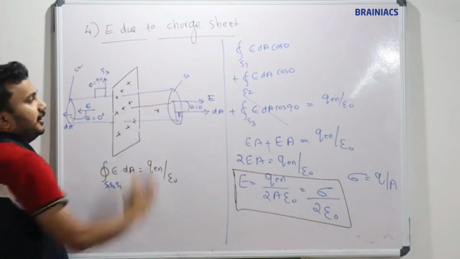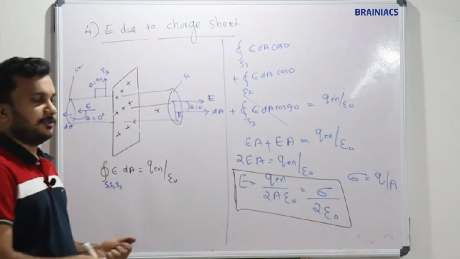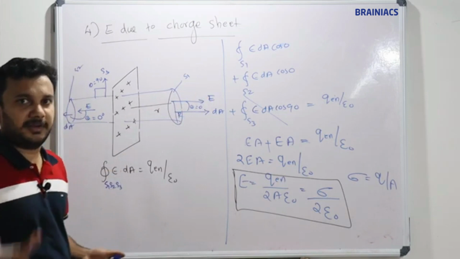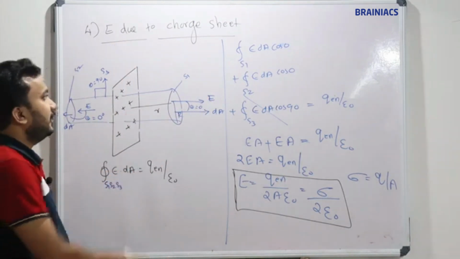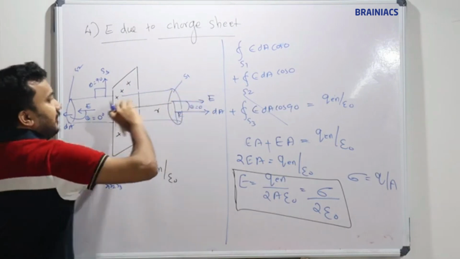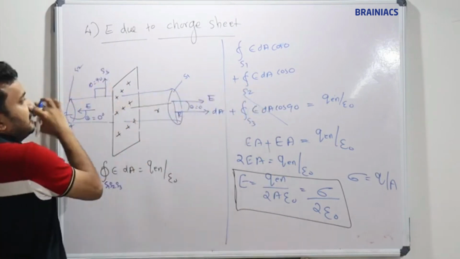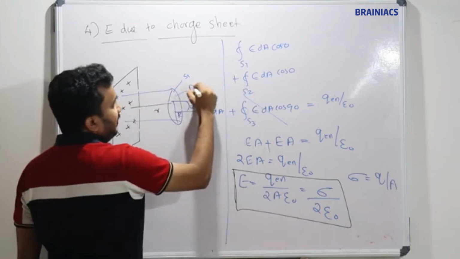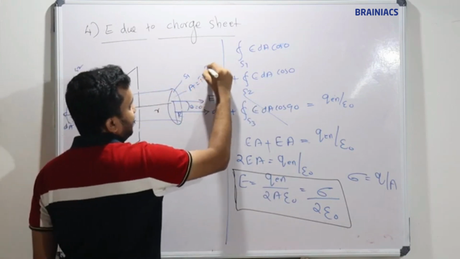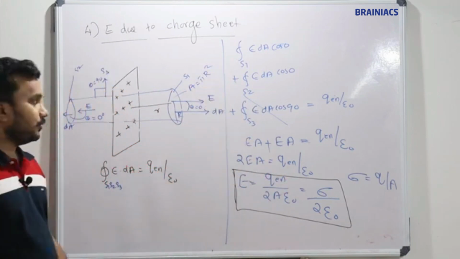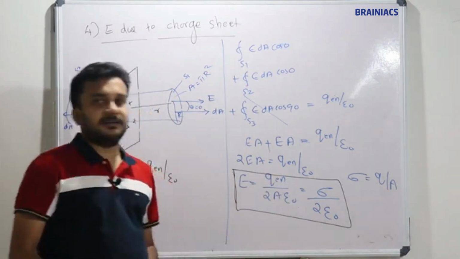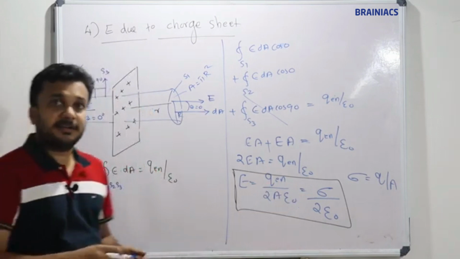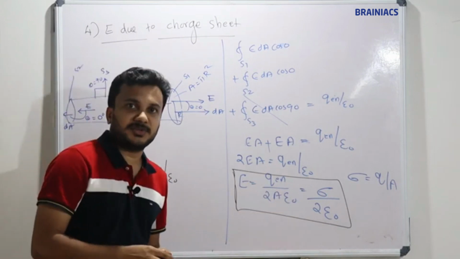Nothing else. We applied Gauss's law just as we did for sections 1, 2 and 3, and in the fourth application also the same story is repeated. Here we have two parallel surfaces, this one and this one, and this area A is nothing but pi r square. If you want, you can substitute it, or instead I just keep it as A. So Q by A is called sigma, divided by 2 times epsilon 0.